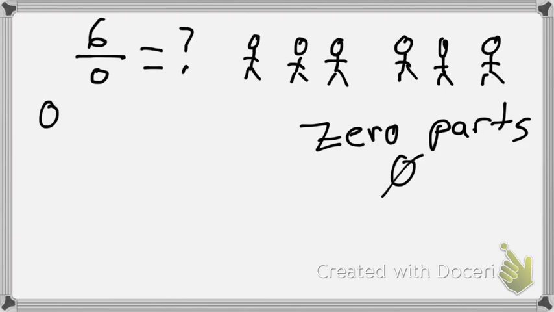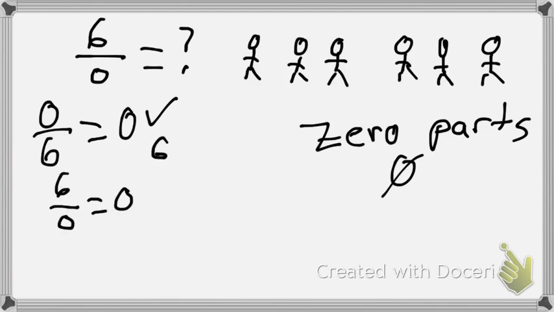Okay. Well, we know that 0 divided by 6 is also 0, because if we have nothing and we break that nothing into 6 parts, each part still has nothing. So 0 divided by anything is 0. And if we take 0, divide by 6 and get 0, we can undo that by multiplying 6 by 0 to get 0.